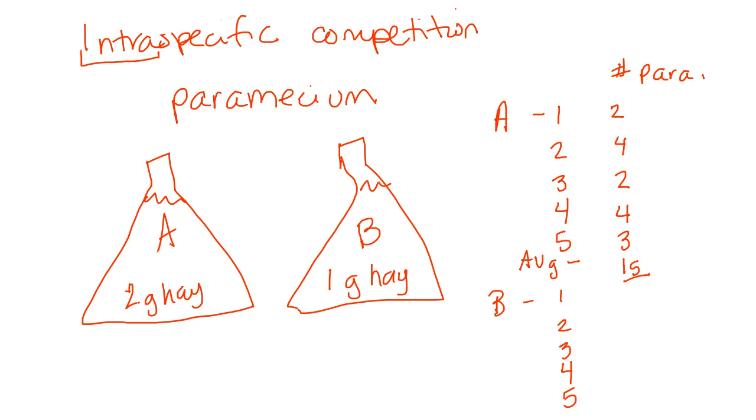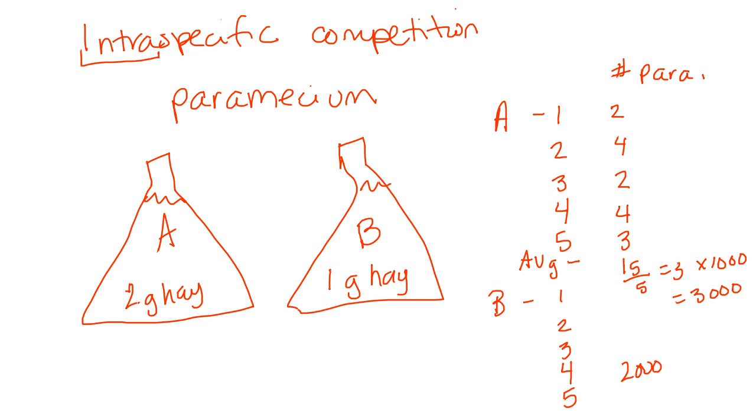I divide by 5, because I have 5 samples. My average equals 3. Then you multiply by 1,000, which is 3,000. So I can say there are 3,000 paramecium in population A, and I do the same for B. Let's say I've got 2,000 as my population for B.